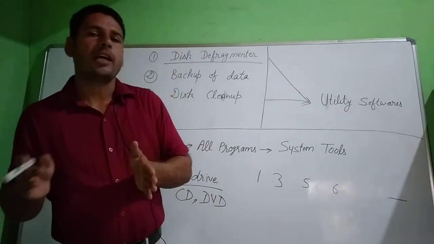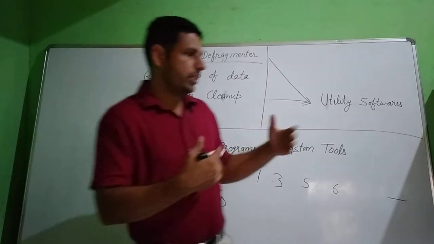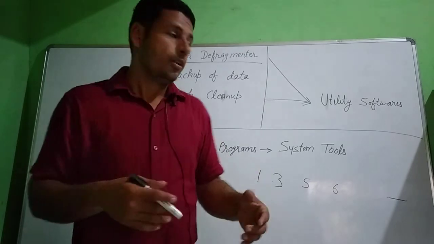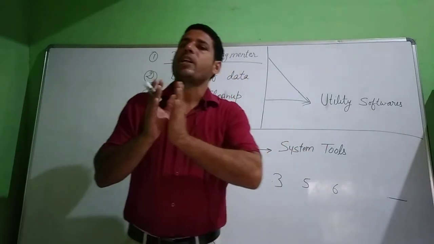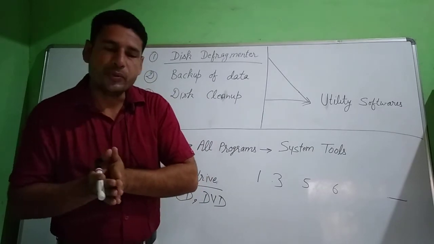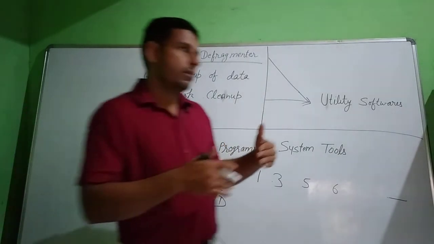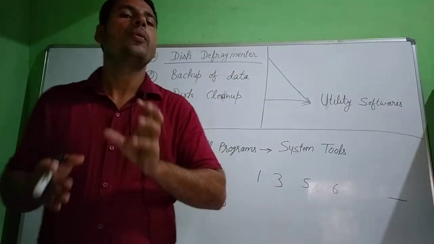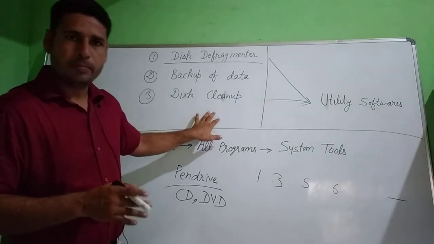It will take some time, 1 minute, 2 minutes, 5 minutes, depending on the temporary files stored in your computer. After some time, it will remove all those temporary files from your computer, and your computer will have space to do work. So this is disk cleanup.